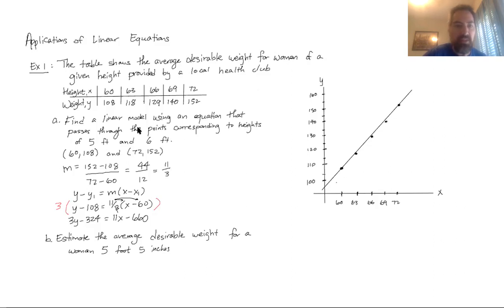Okay, and so now we'll write our linear model in slope-intercept form. All right, so we're solving for y, so we'll add 324 to both sides here.